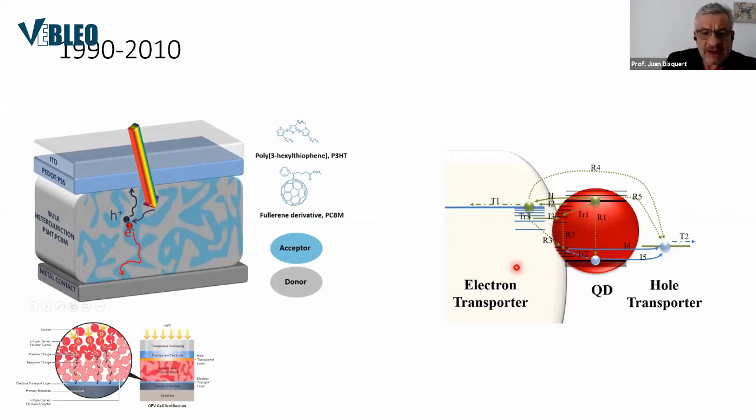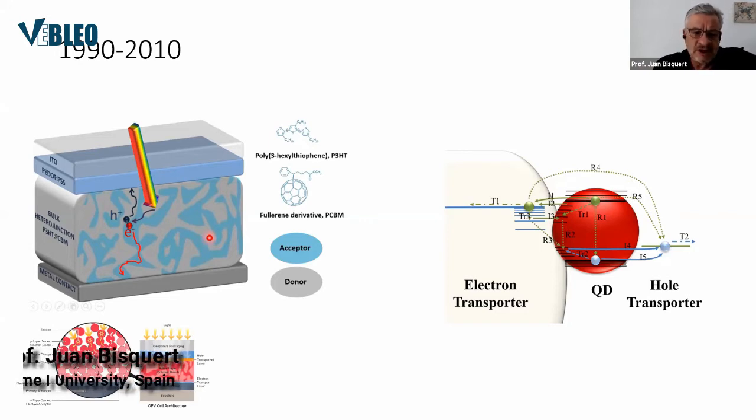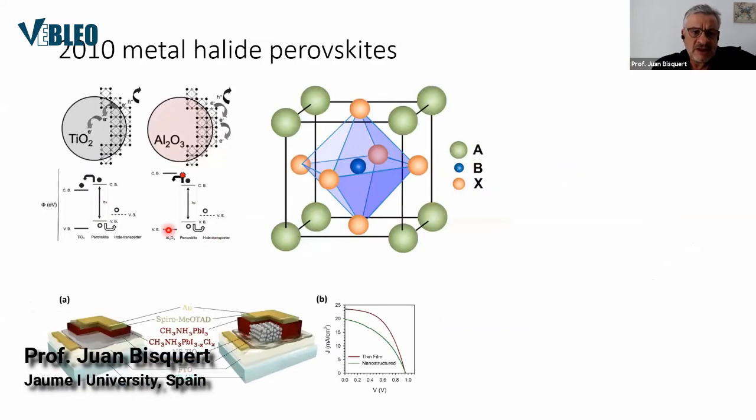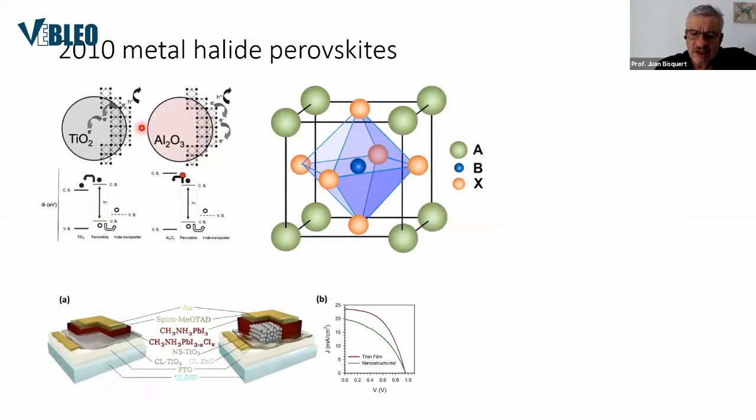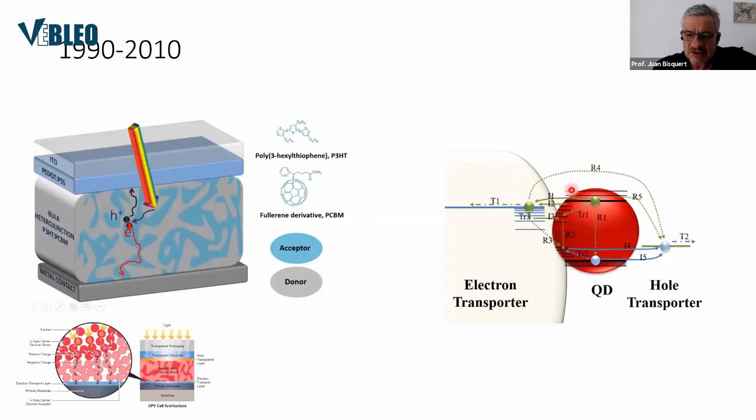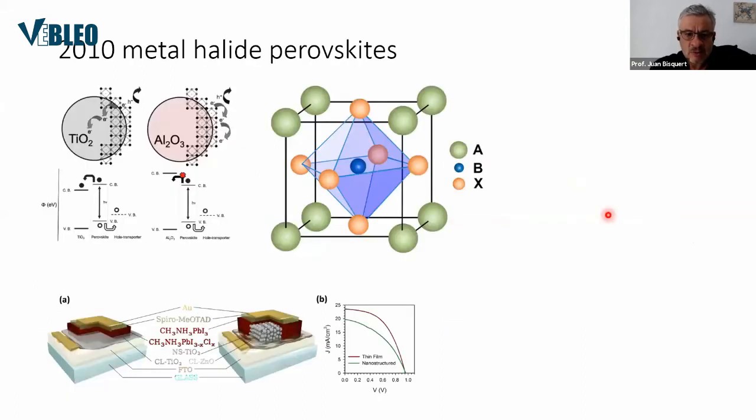Then these things were developing, and some have continued, others not. Now the organic solar cell has very high efficiency and is robust, but in 2010 a derivation of the quantum dot sensitized solar cell appeared, by the work of Professor Tsutomu Miyasaka in Japan, covering the nanostructure with metal halide perovskites.